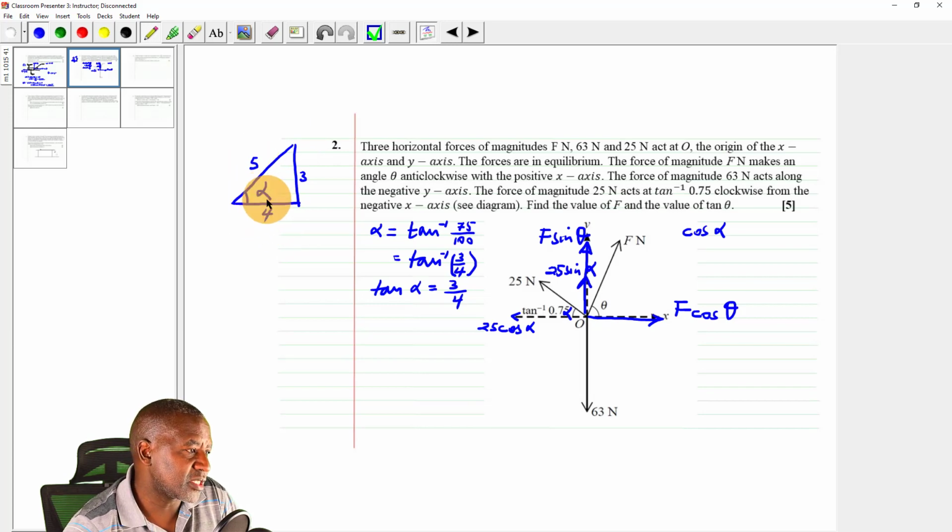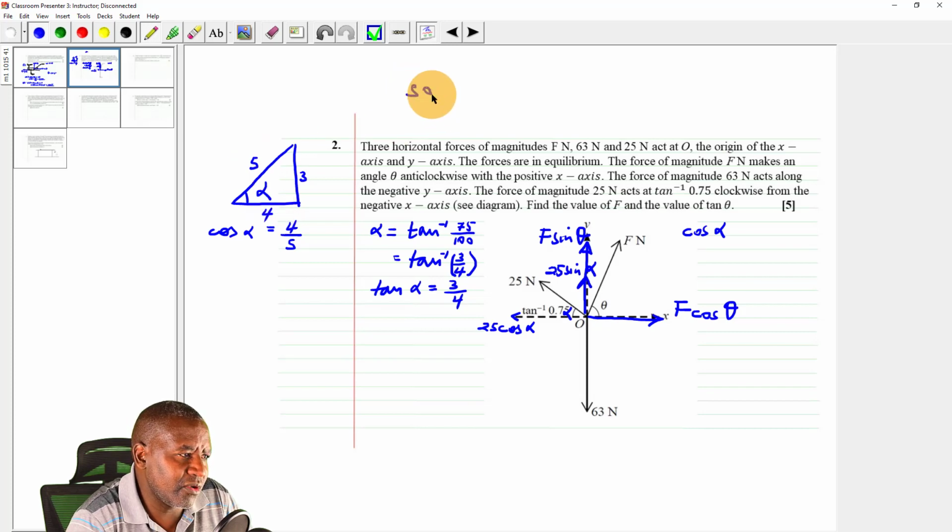So if I need sine of alpha, I can get it. If I need cos of alpha, I can get it, because sine of alpha is opposite over hypotenuse, 3 over 5. Cos of alpha is adjacent over the hypotenuse, which is 4 over 5.